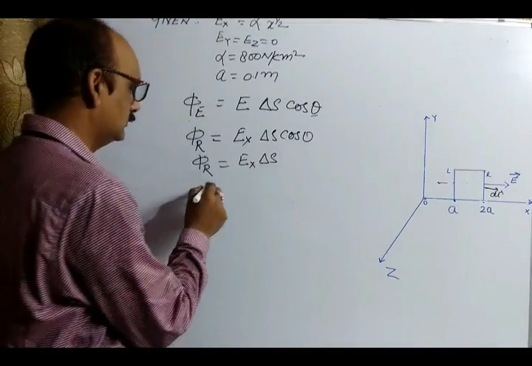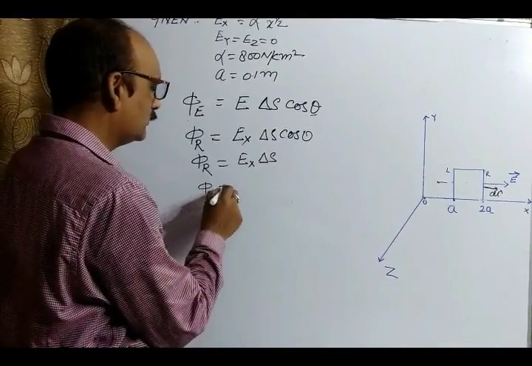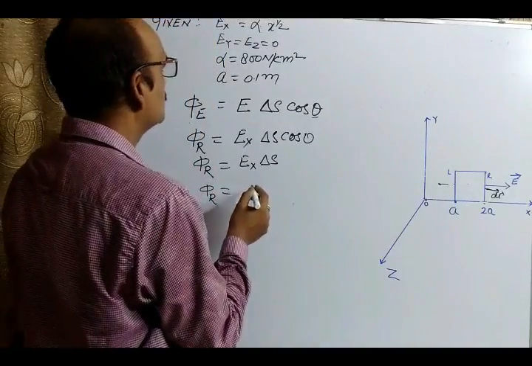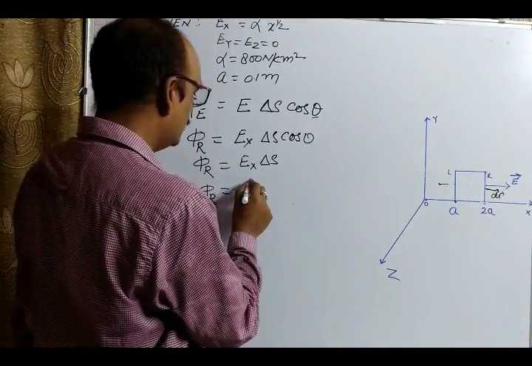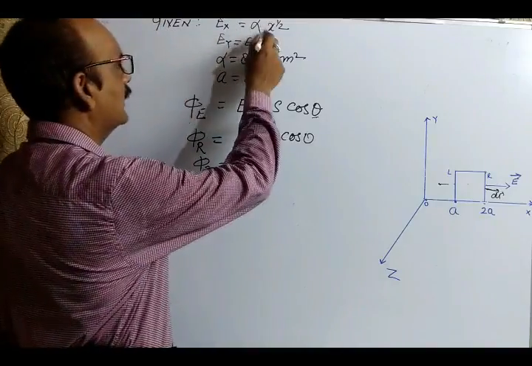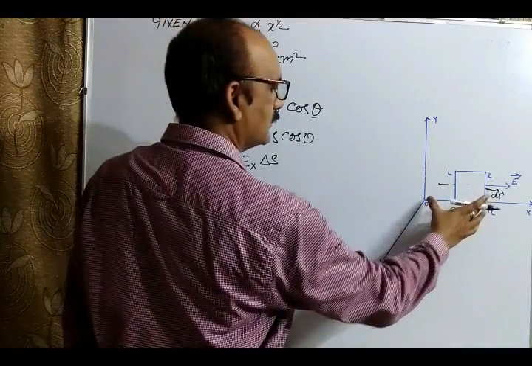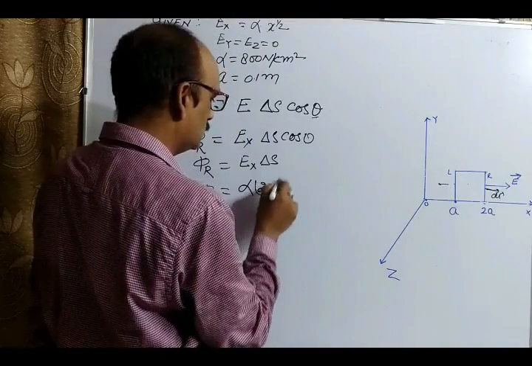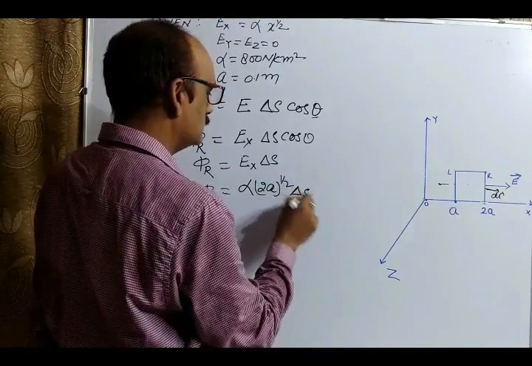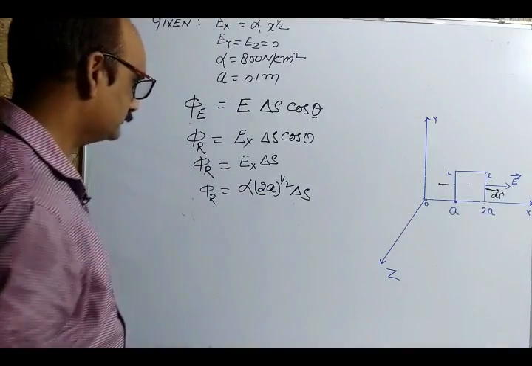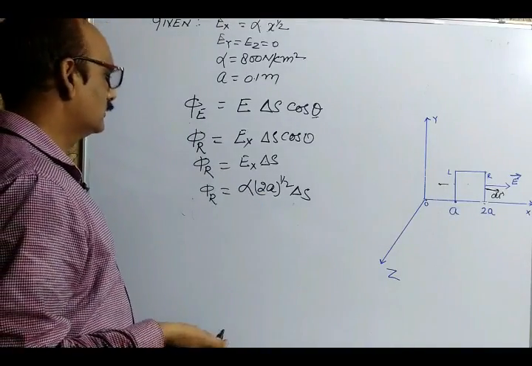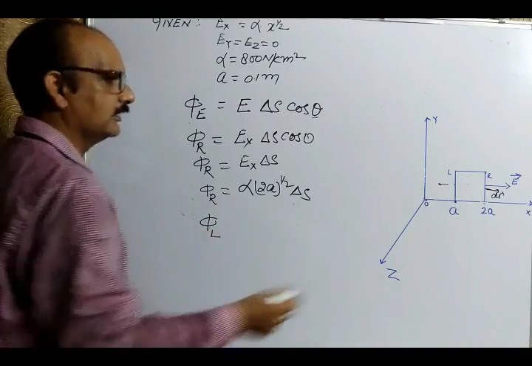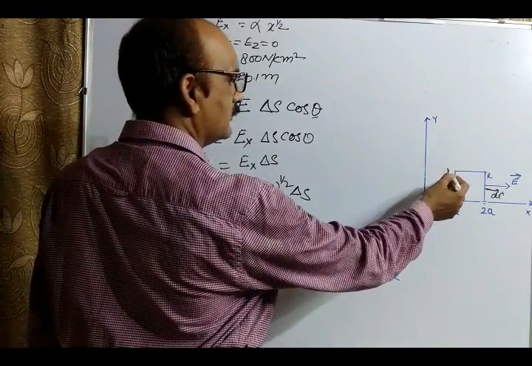Now, substituting the value of Ex for this surface, this will be alpha x, the value of x is how much? 2a to the power half into this delta S. Clear? Now, plus for this surface, left surface, what will happen?